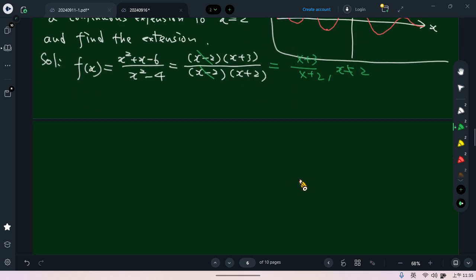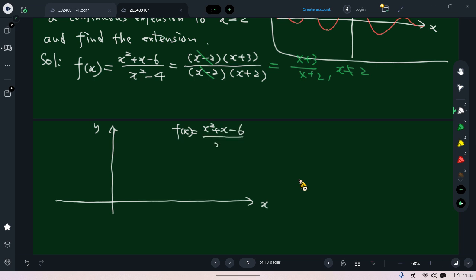So based on this, the original function should be like this one. If the original one is x squared plus x minus 6 over x squared minus 4, the curve will look like this, not including 2.